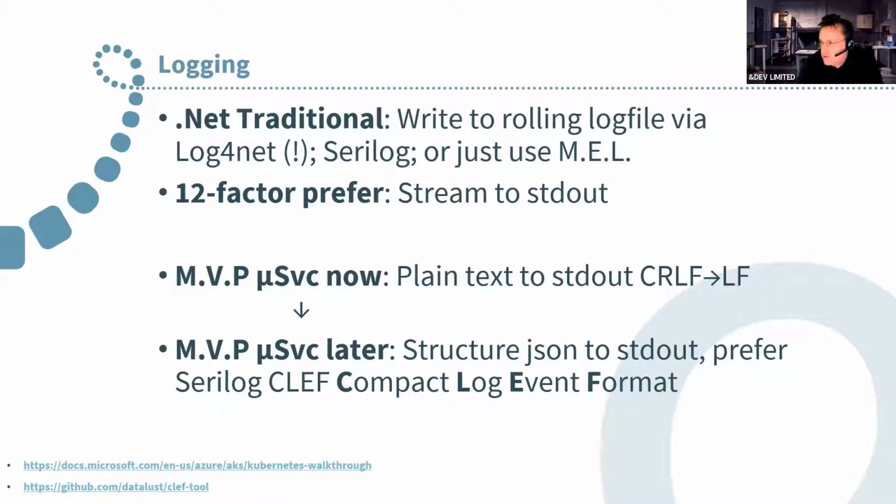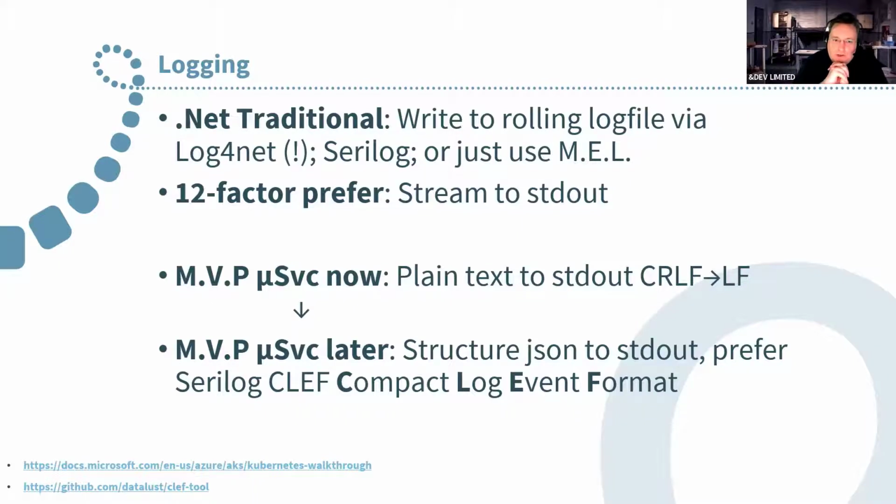You may prefer Serilog, or with .NET Core, you may just use Microsoft Extensions Logging. But the typical approach, and you'll see this for Azure App Service, is to write to a rolling log file. Now, when we get an app that's writing to a rolling log file, the first thing we have to do is run a sidecar container to read from that rolling log file and pump it to standard out, essentially.